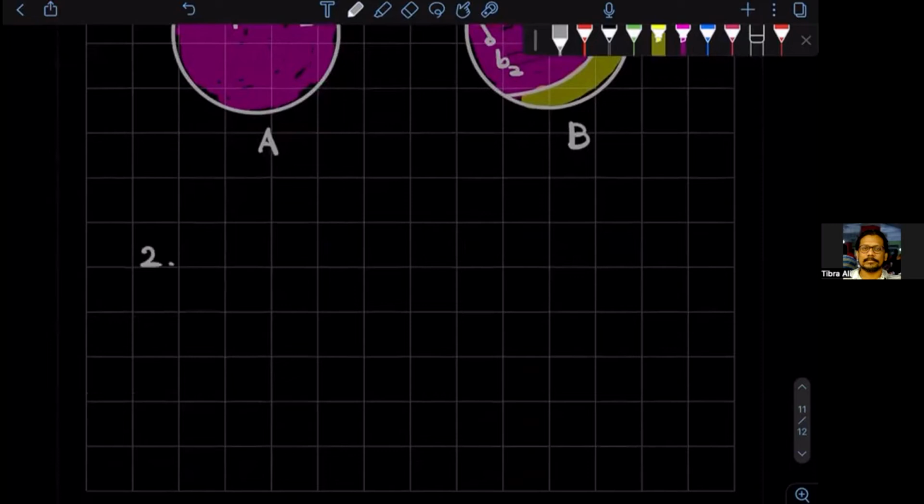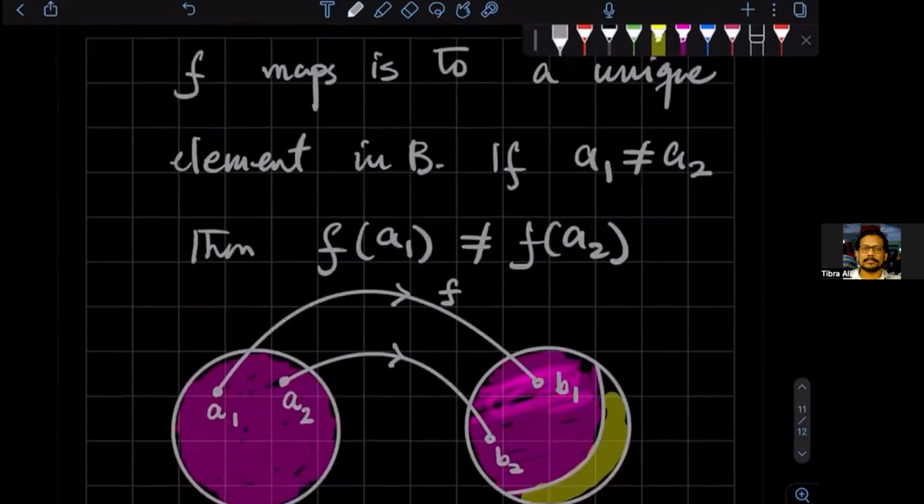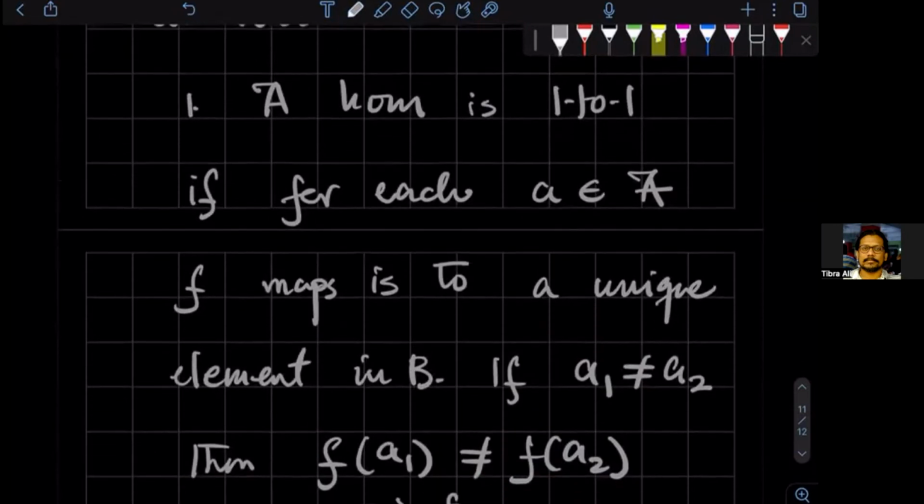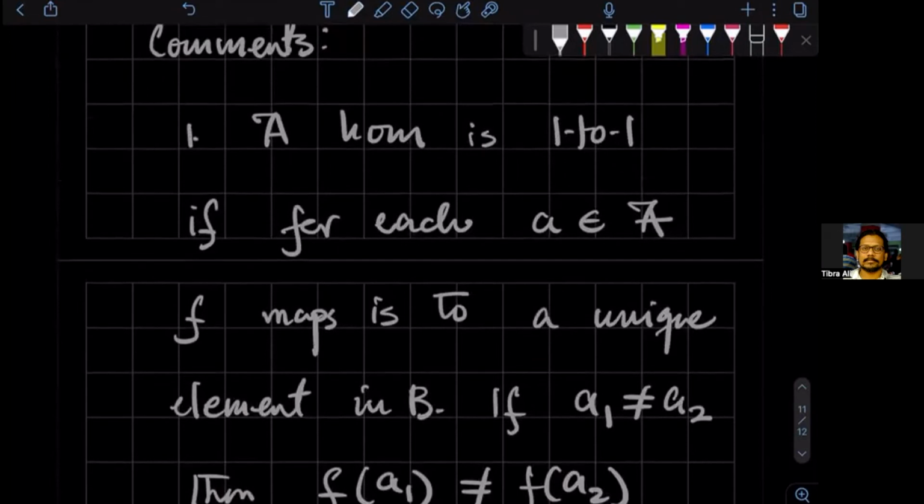The other type of homomorphism is... So this is also called an injective map, which is one-to-one.